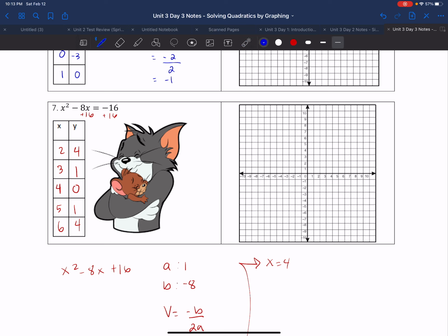So I'm going to use a different color. 4, 0 is right there. 3, 1, 2, 4, and then 5, 1, and then 6, 4. And I think this is good enough, so I'm going to go ahead and just connect those points.